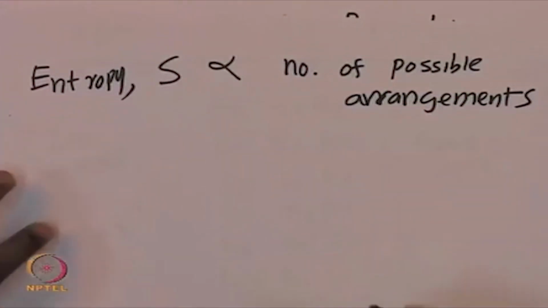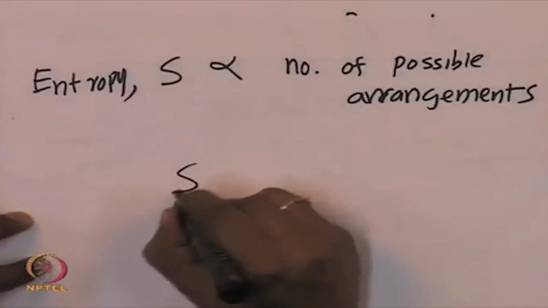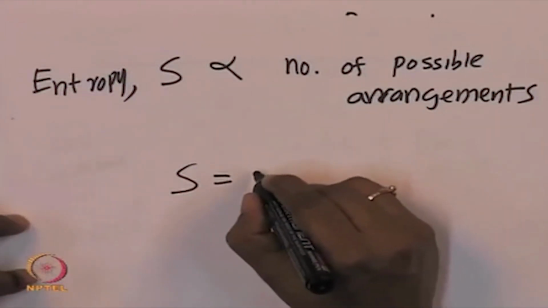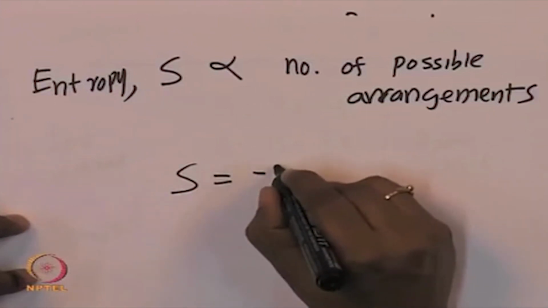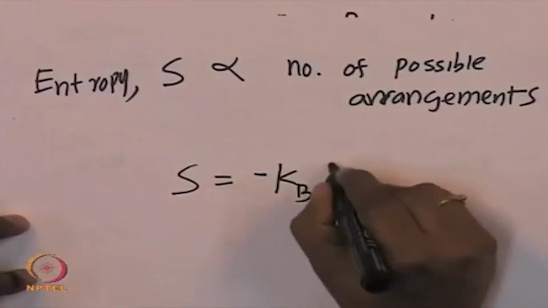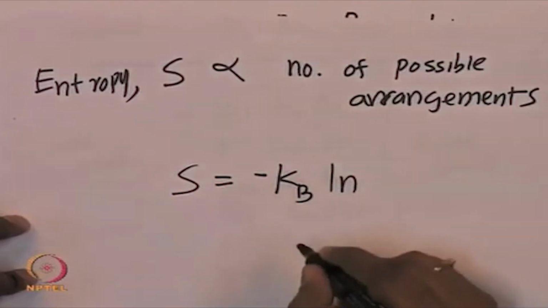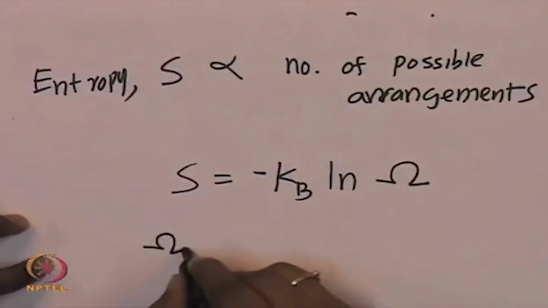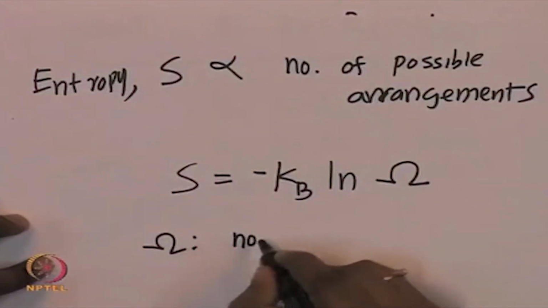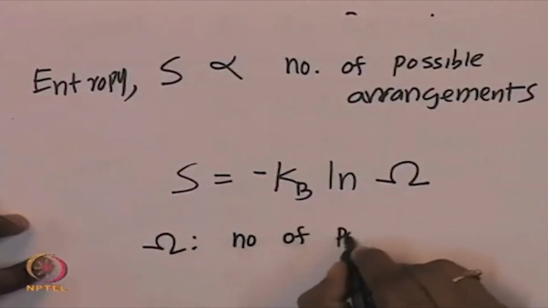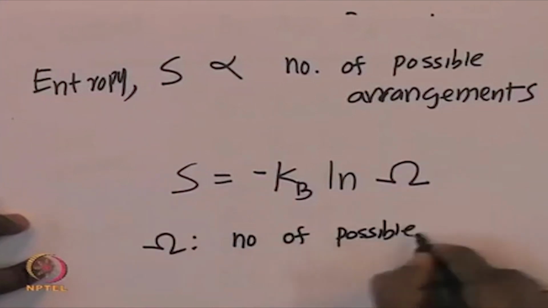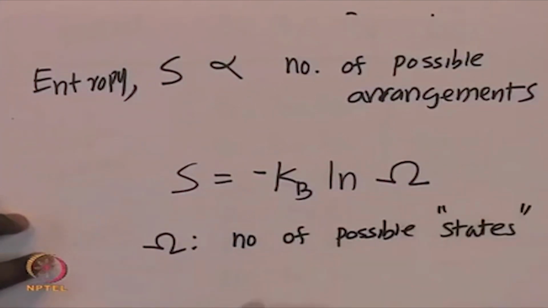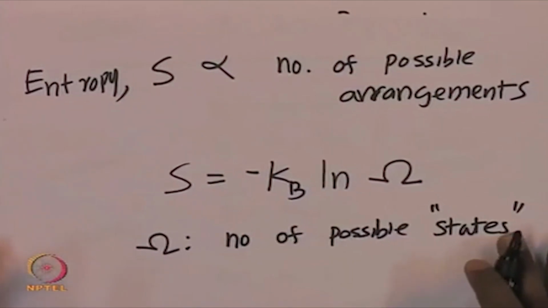And it turns out that the correct definition of entropy in thermodynamics is S equals Kb log omega, where omega is the number of possible states or arrangements.